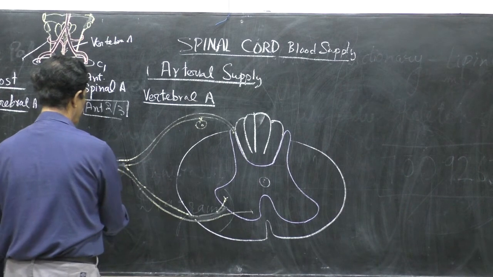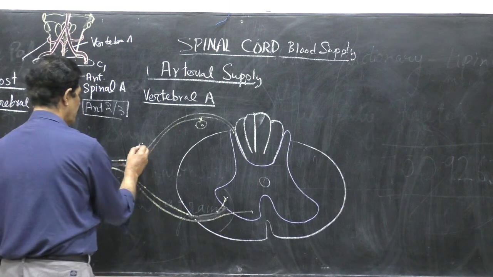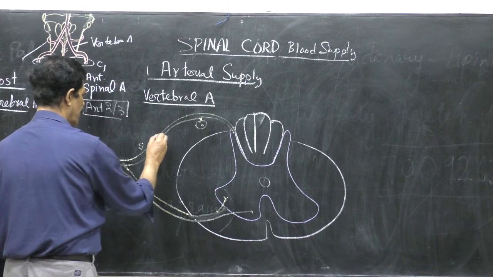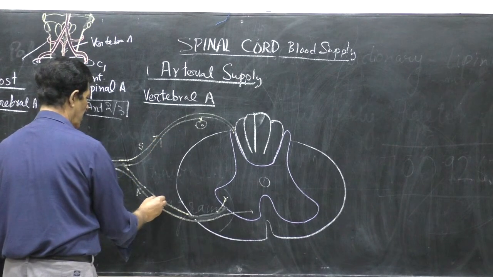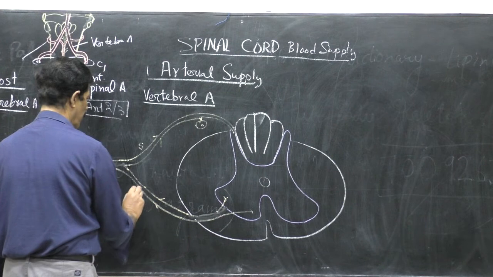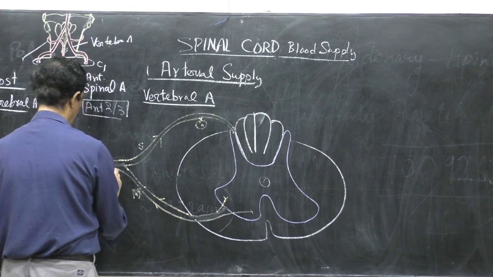So a spinal nerve is a mixed nerve having both sensory and motor fibers. Sensory are going to the spinal cord, and motor they are coming out of this. So this is the one spinal nerve.